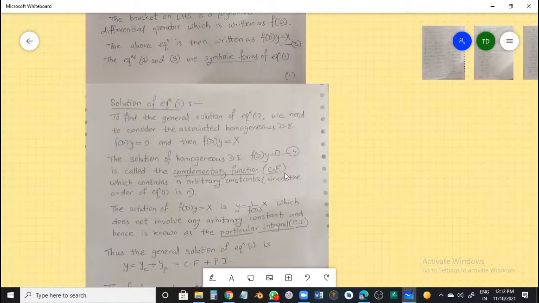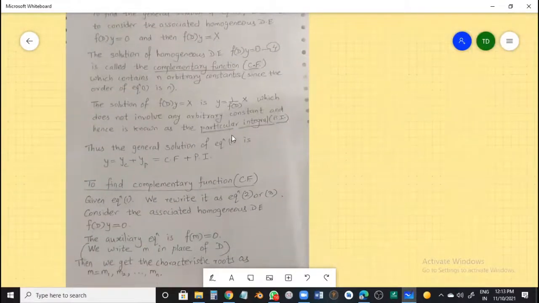Already we have done this. We are now familiar with how to find the complementary function for some kinds of equations. What you observe now is, if I take care of f of D operated on y equal to X, what I mean is I want to find out the value of y.